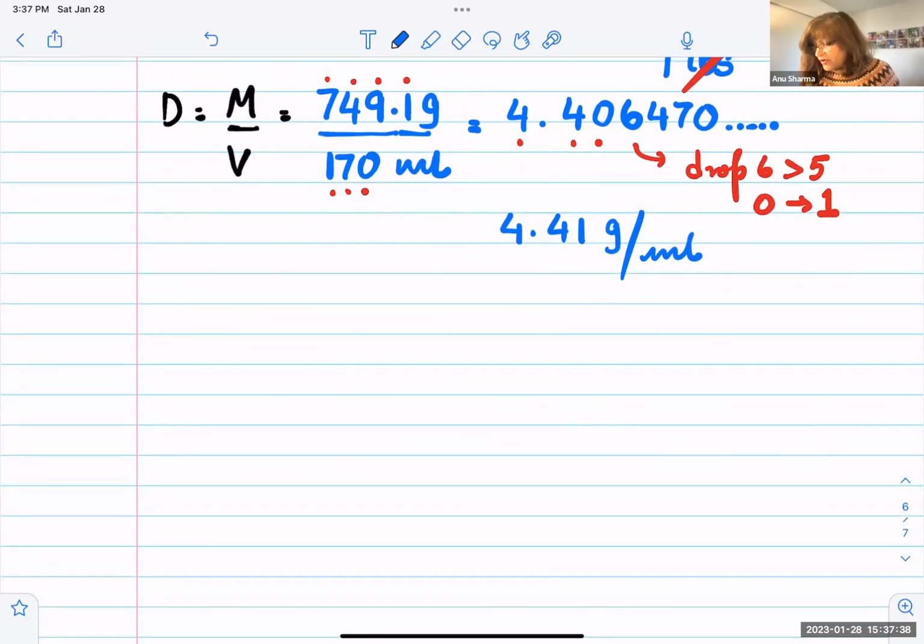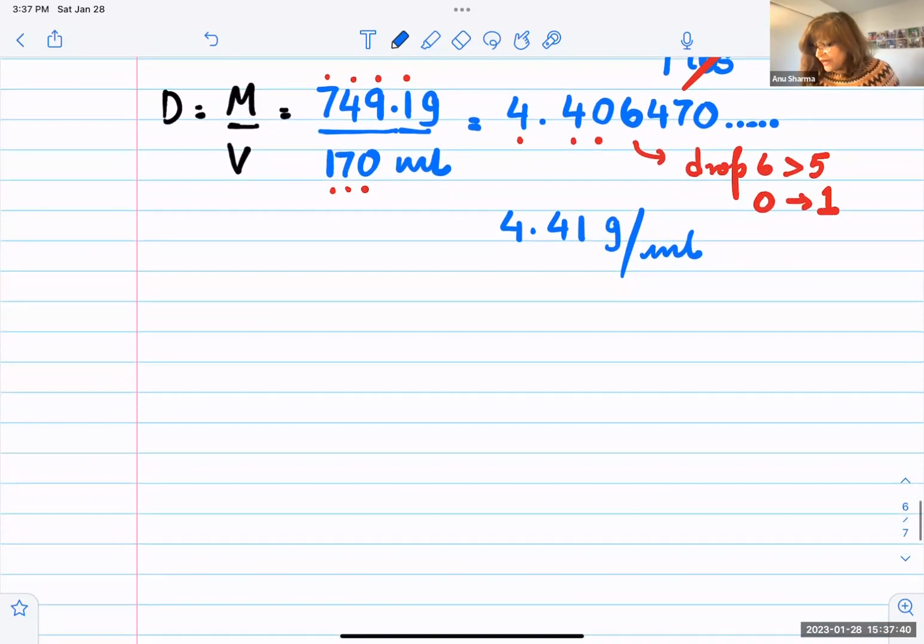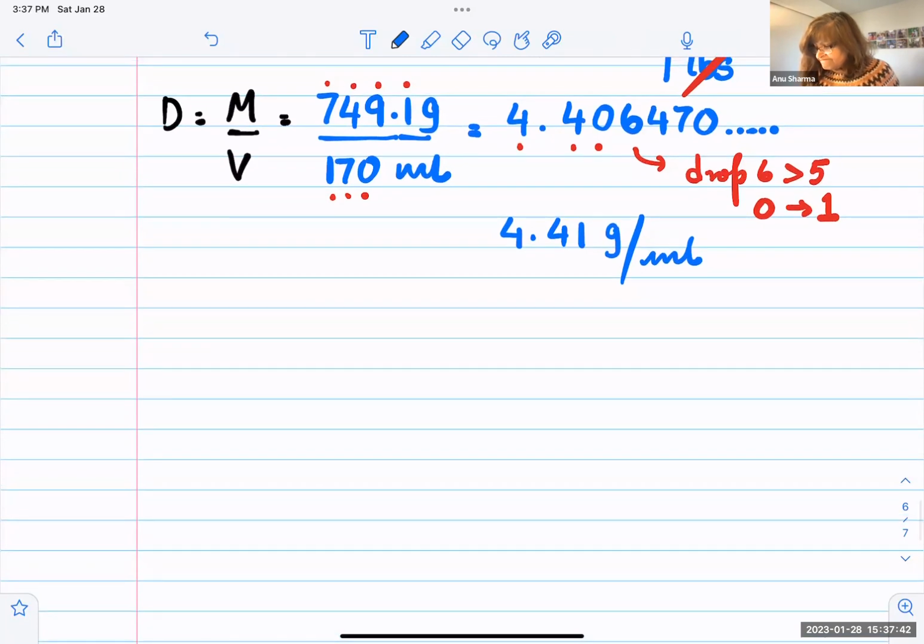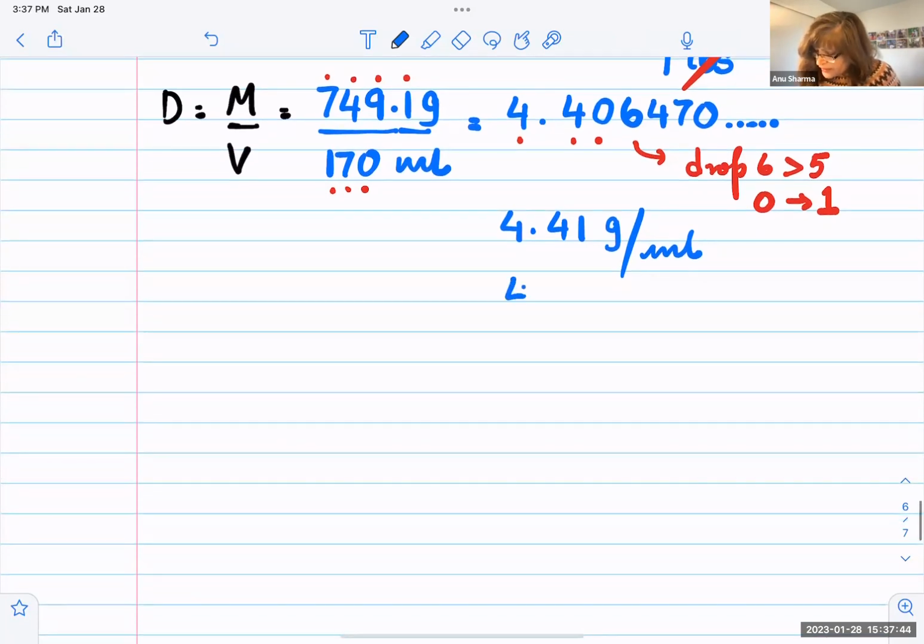Sometimes, some books, like your book, do not treat the exact numbers the way I'm talking. Your book is giving you 4.4 grams per milliliter, and that is also okay. That is 2 significant figures, because they are considering the 170 to be just 2 significant figures, whereas I'm looking at it as 3 significant figures.